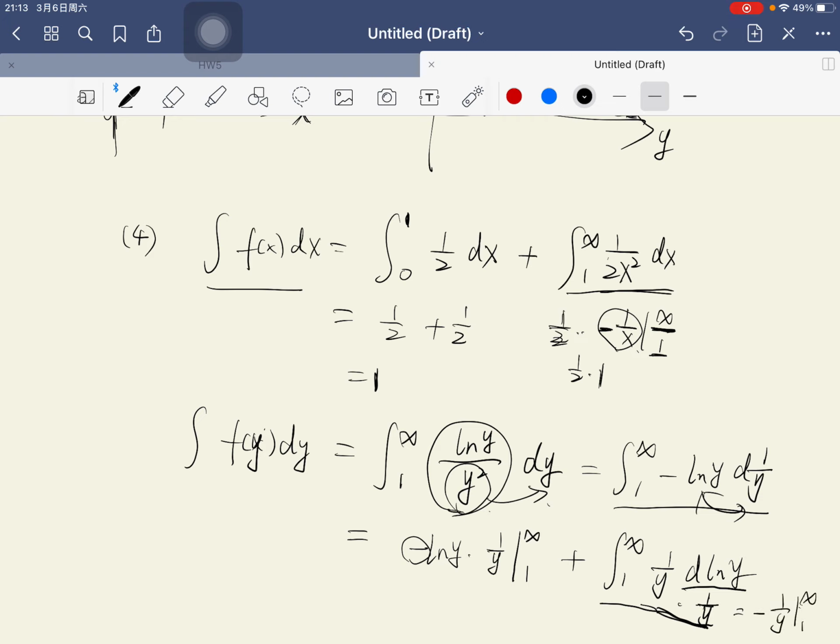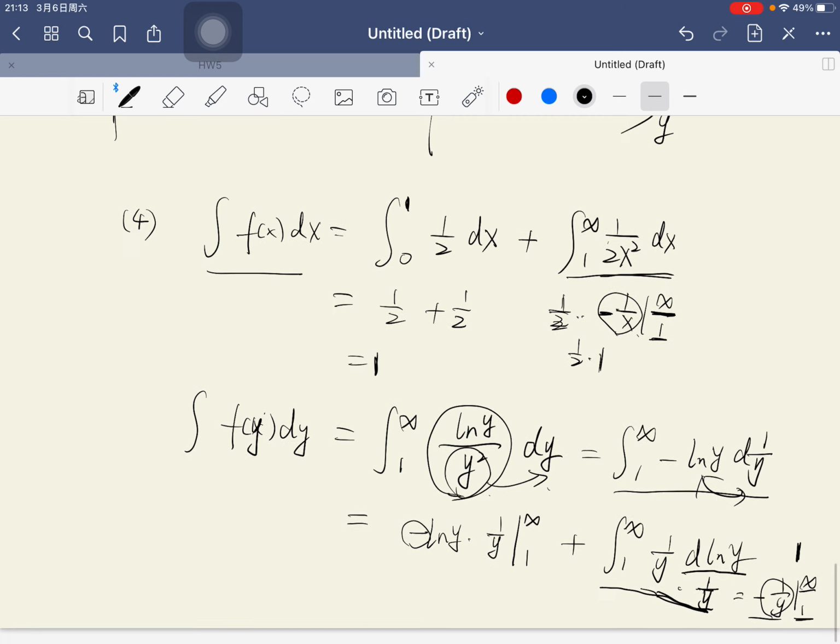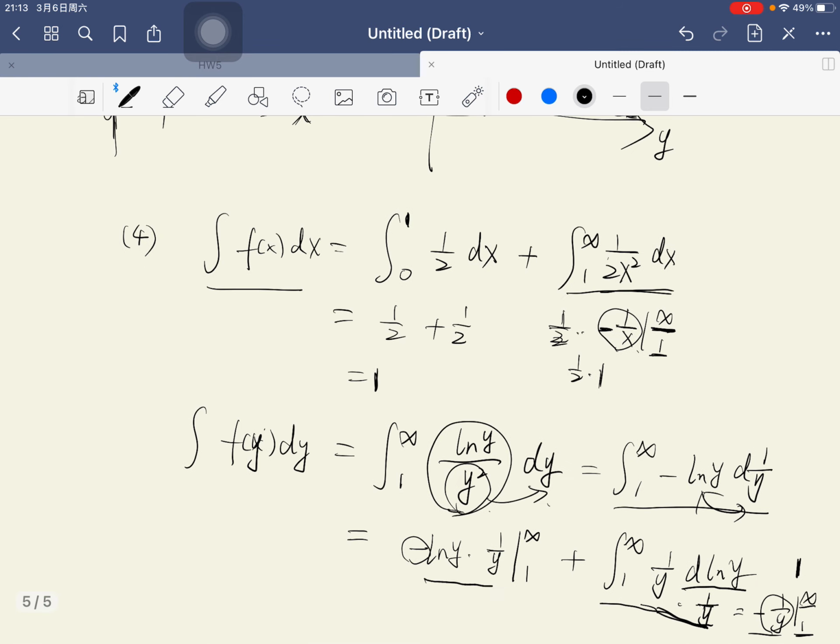When y is infinity, it is 0. When y is 1, it is 1. So this equals 1, and the first part is equal to 0. So it's equal to 0 plus 1, which is 1. So the density function of y is also a valid density function.